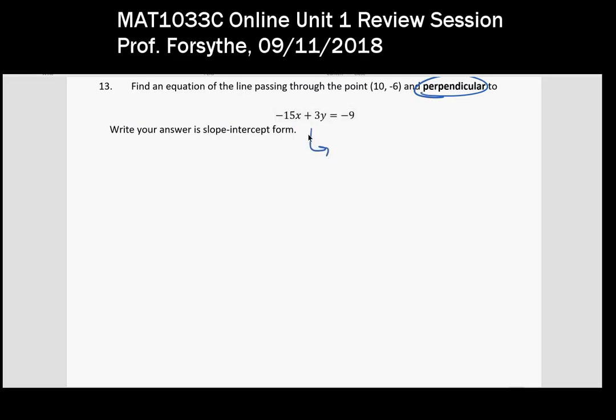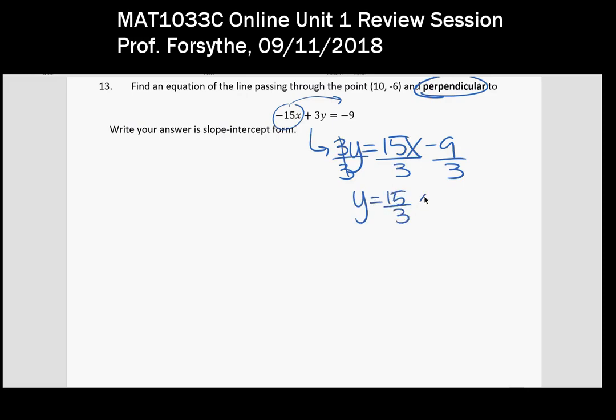To do that, I'm going to add the 15x on both sides. So I have 3y equals positive 15x minus 9. I'm going to move that to the other side. And now I'm going to divide by 3. So I have y equals 15 over 3, x minus 9 over 3, which will reduce to just y equals 5x minus 3.